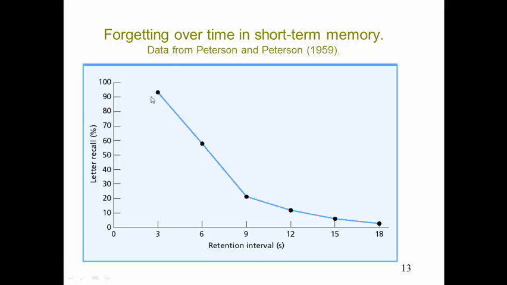So here, for example, people had to remember a set of digits or a set of letters, and 3 seconds after learning they will know almost all of them again, but that remembering rate falls off quickly until after about 20 seconds it's all lost.